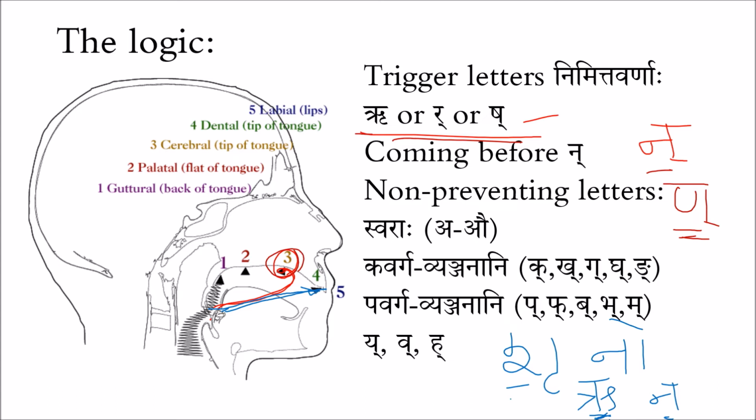So when we are saying this r, shru, and r, and after that we want to say na, see the amount of effort required here. The shape of the tongue is like this, the red one, rolled back, and after that there is a na which has to fall back and protrude, fall forward here. It has to touch the back of the teeth. So there is an effort involved there.